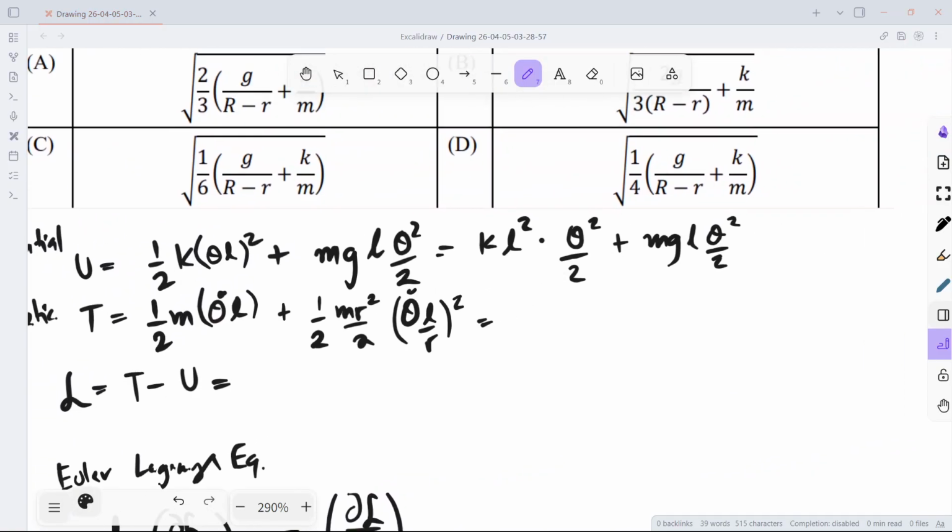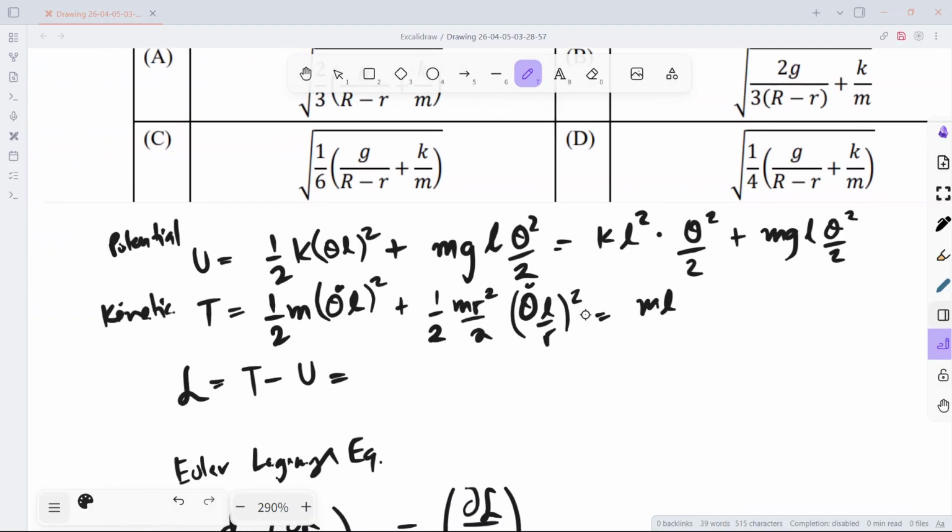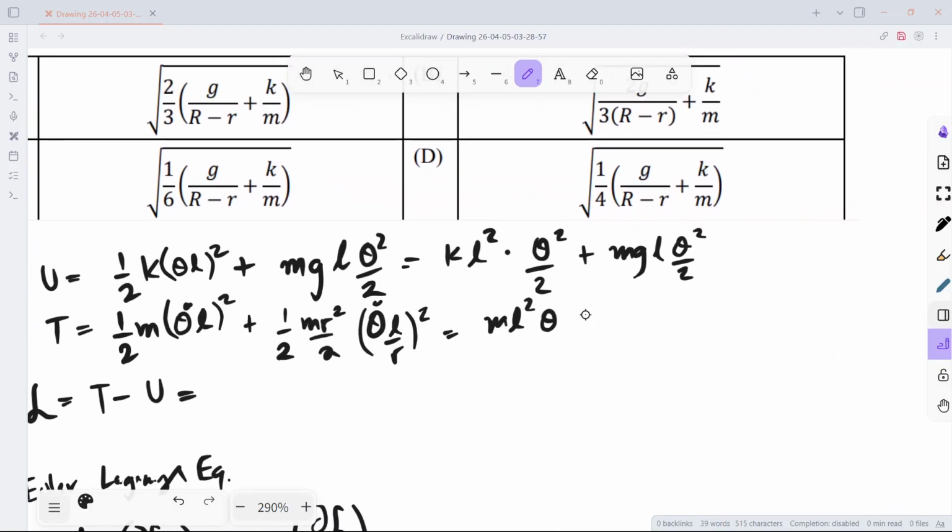The kinetic part is m l squared theta dot squared over 2 plus m r squared L squared over R squared theta dot squared over 2.